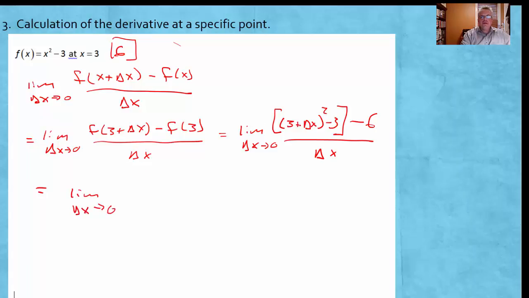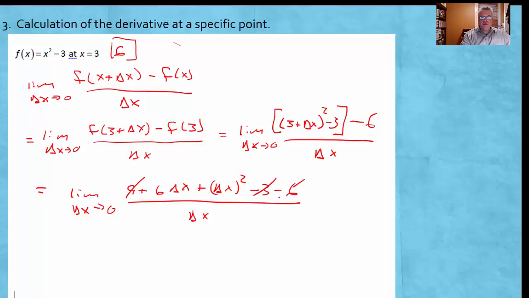Now, we know there's a lot of algebra involved here, so we can just kind of chew through the algebra. If I square this out, you would get 9 plus 6 delta x plus delta x squared minus 3 minus 6, divided by delta x. Well, the 9 and the minus 3 and the minus 6 cancel, so we have the limit as delta x goes to 0. I'm going to factor out the delta x here.